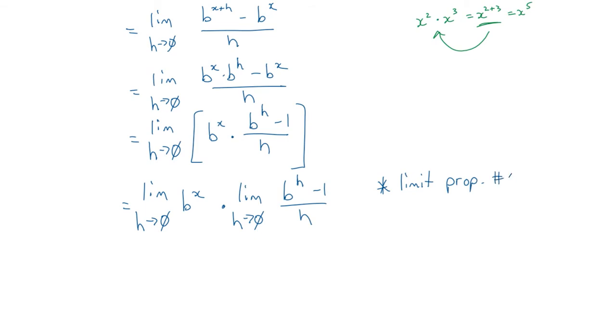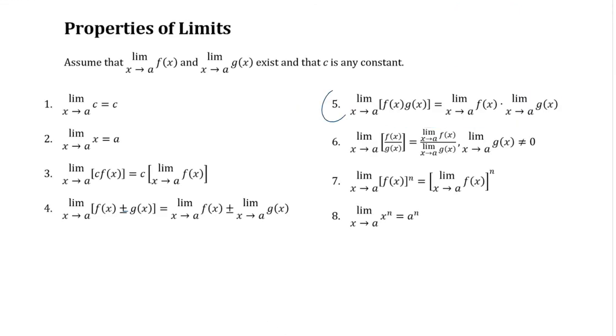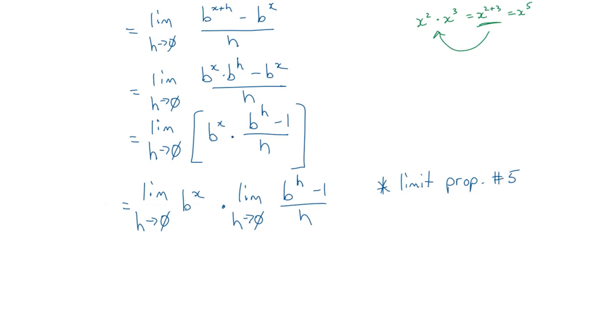Number 5. Again, these are not universal numbers. This is just the sheet that we use. Okay, so by this limit property 5. Okay, now here's the trick.